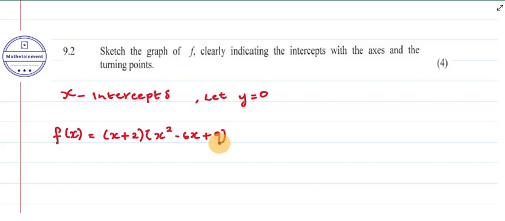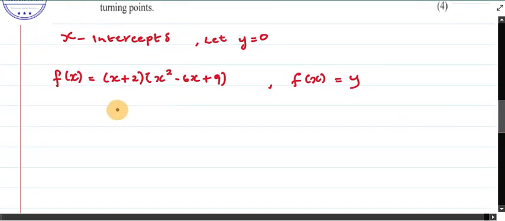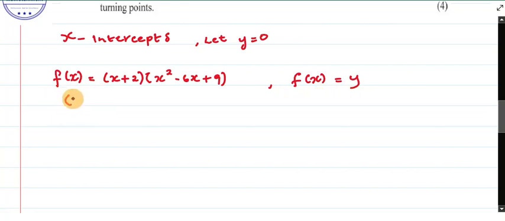plus 9. We want to find the x-intercept, so we let y be equal to 0, and you know that f of x is equivalent to y. So by letting y be equal to 0, I can write it like this: x plus 2, x squared minus 6x plus 9 is equal to 0.